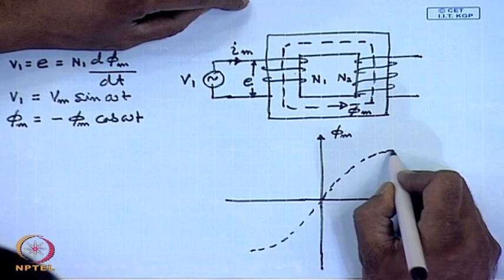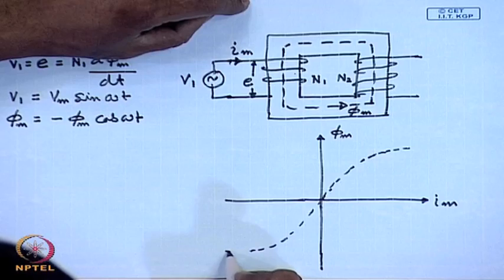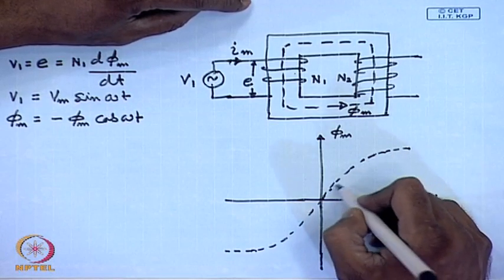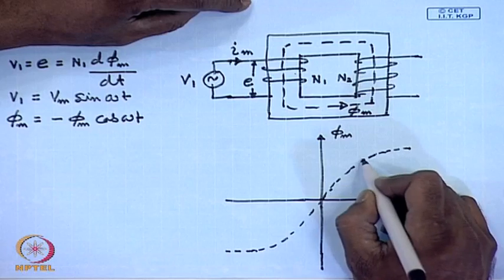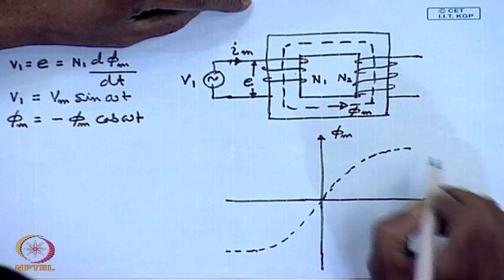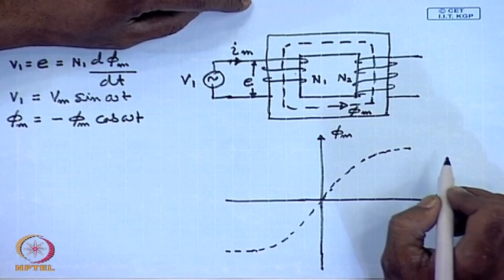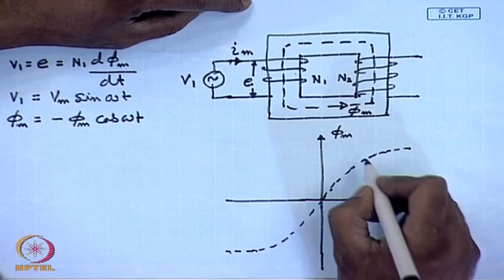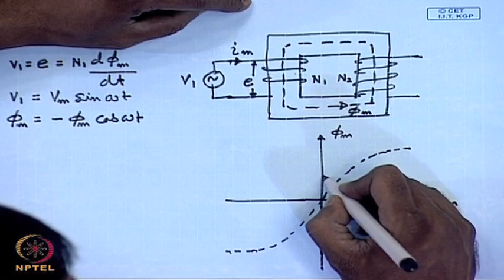This is the BH characteristics of the core, showing a prominent saturation phenomenon. However, if we also consider the hysteresis, then this characteristic modifies to the following.